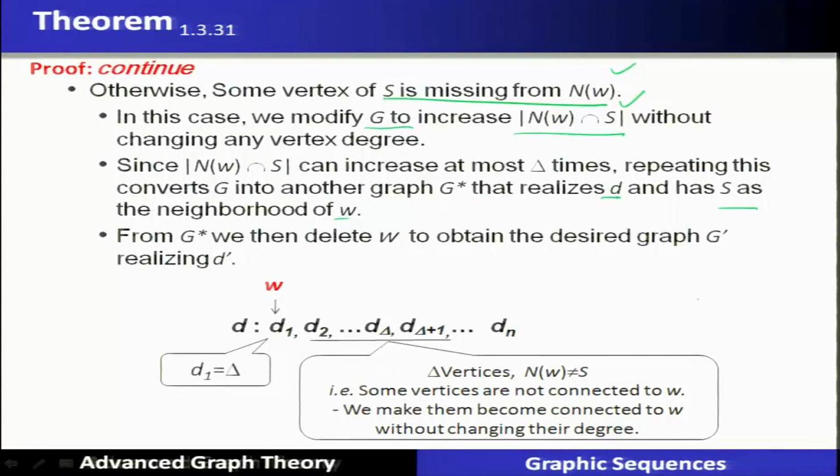So let us see, if W is the vertex D1 and the delta vertices which we are considering are not the neighbors, that means there exists some vertex which is not according to the order, which should be on the other side.